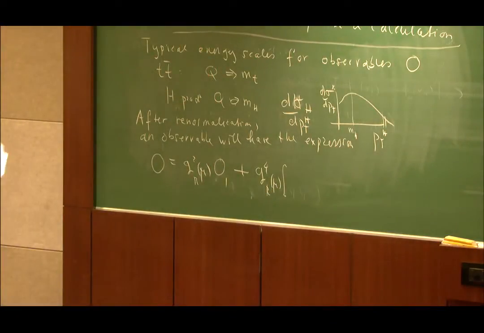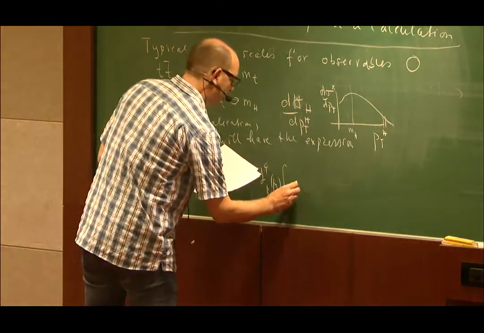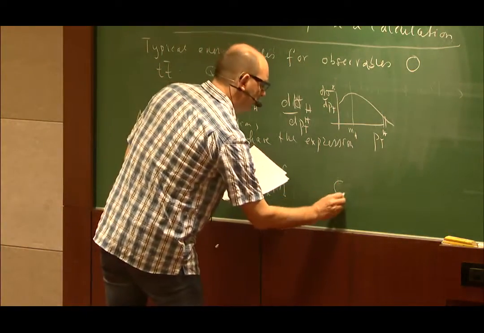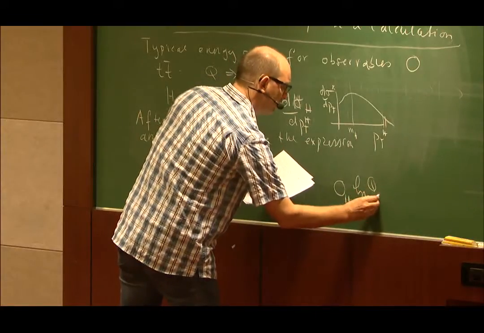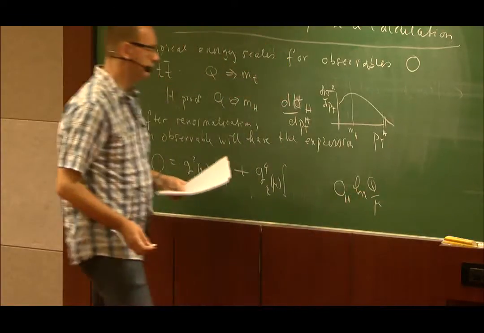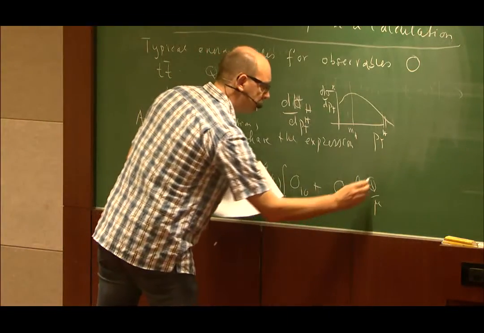Then there are typically 2 classes of terms there. No matter how long the calculation is, sometimes millions of terms, there are 2 classes. There are terms that have an explicit logarithm of q over mu, and there are those that don't.